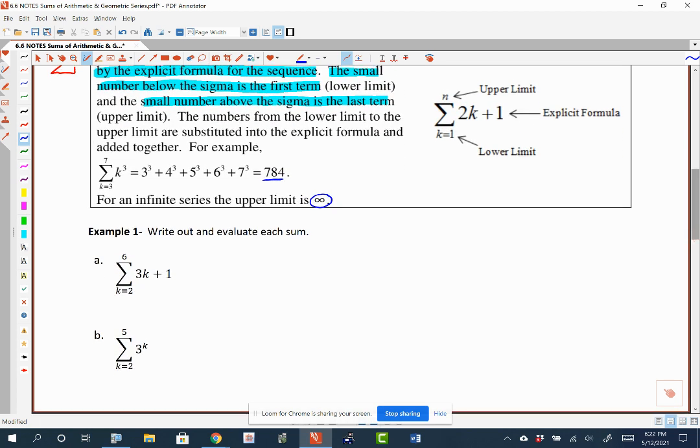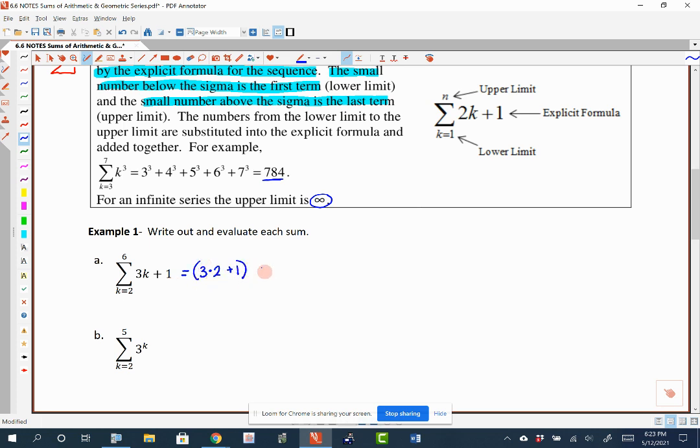Example 1 wants us to write out and evaluate each of these sums. So we see our summation, our sigma. Looks like we're going from k equals 2 to 6, and I can see my explicit equation. So I would like to write out all of my terms here and then find my solution. I'm going to take 3 times k, so my first k is 2, and then plus 1.